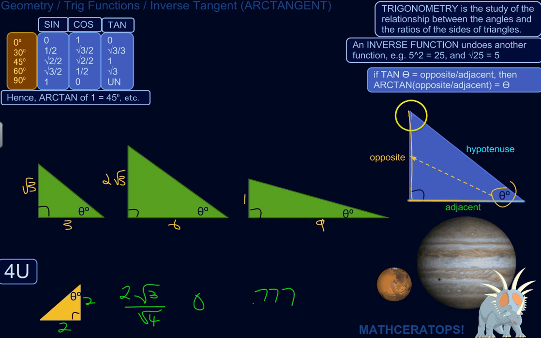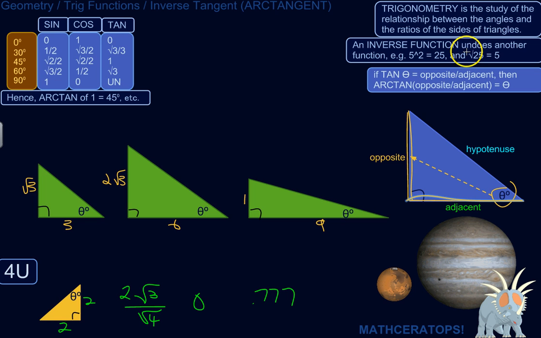And then the opposite side is just what it sounds like. I always imagine an arrow like this. If I'm considering this angle, the side opposite to it is where you just shoot an arrow straight across. That's the opposite side. All right, so the tangent is just the ratio of the side opposite the angle to the side adjacent to it.